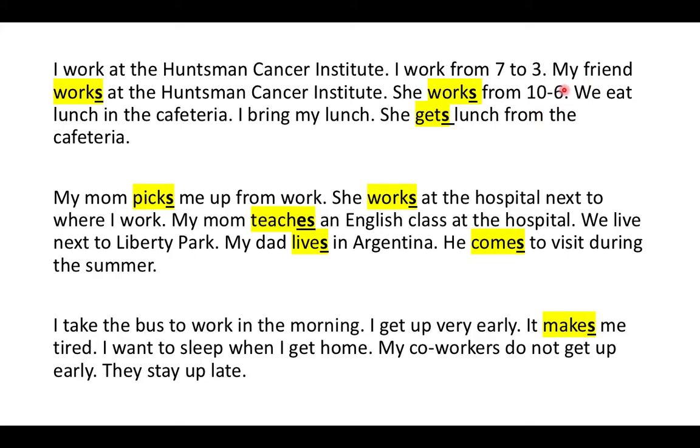When someone is talking about the hours that they work, this means that they have to be at work, they have to be there at 10 o'clock, and they get to leave at 6. So this little line just means "to," and when you say "to" between numbers, it just means that from 7 and all of the time in between until 3, they're working.